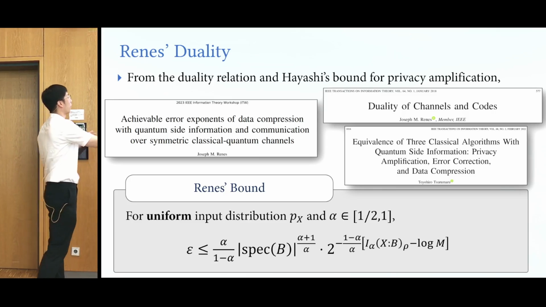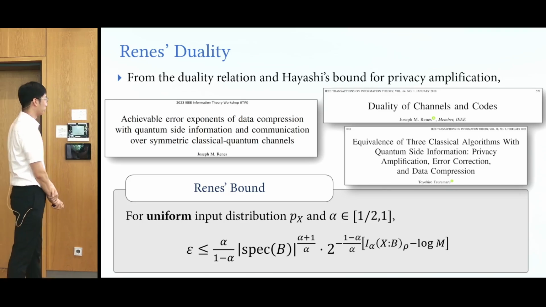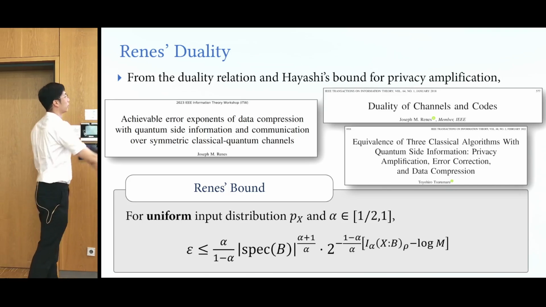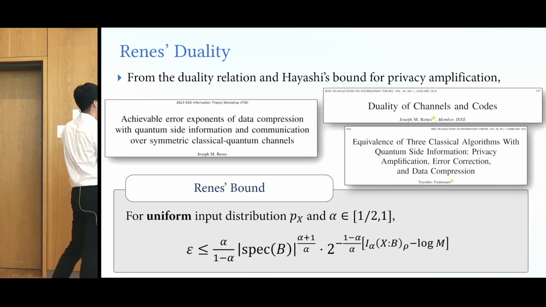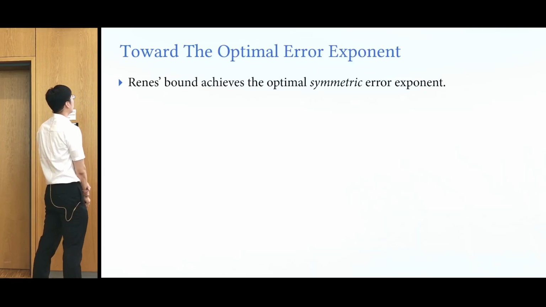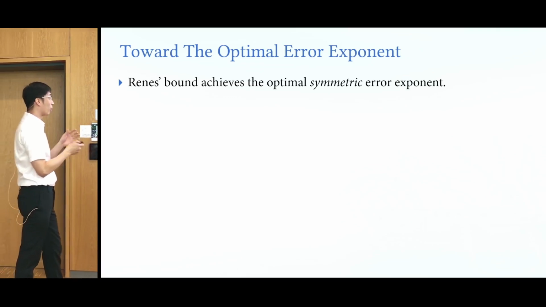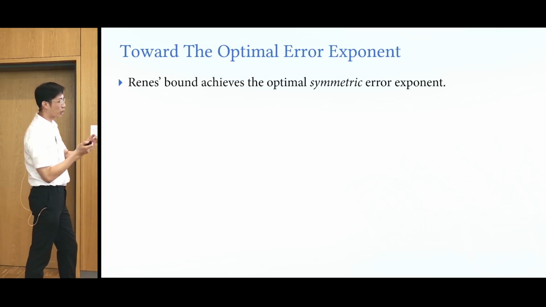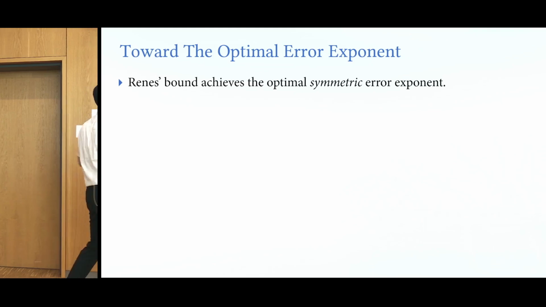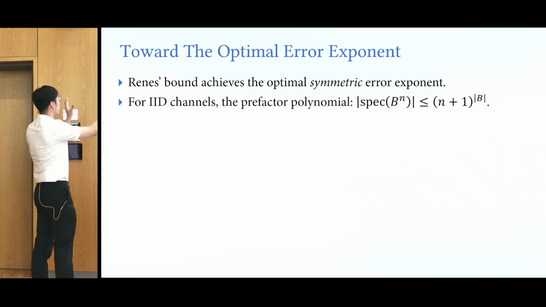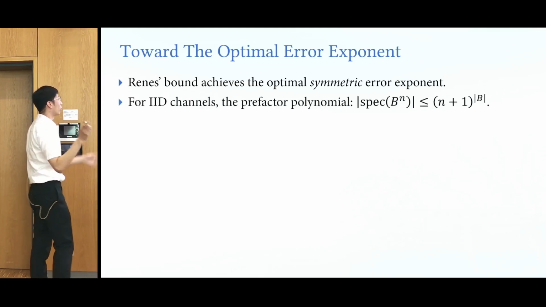It's also a one-shot bound, but it has this pinching factor. But it got this precise Pairs Rényi divergence. And so essentially, the bound is optimal for the symmetric error exponent for a symmetric channel because the uniform distribution is exponent achieving. But for IID channels, this pinching factor is only polynomial.